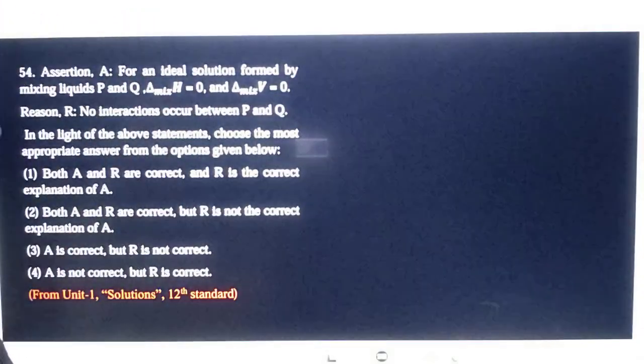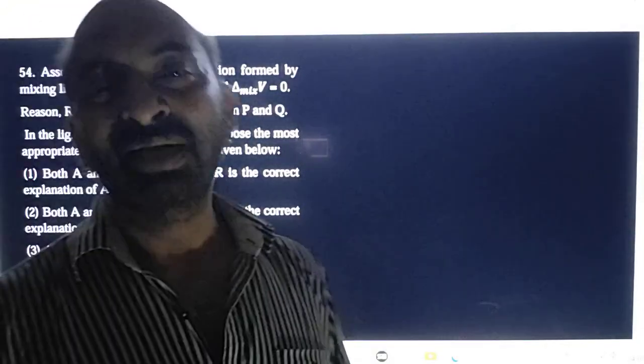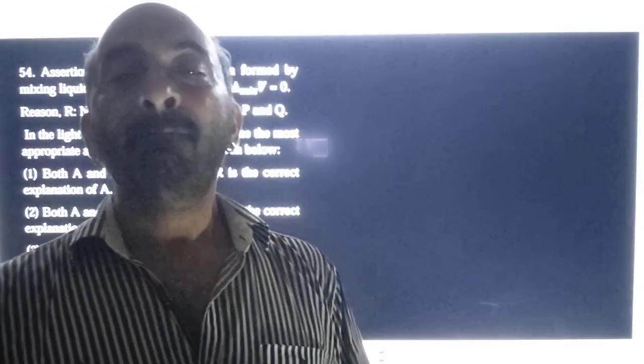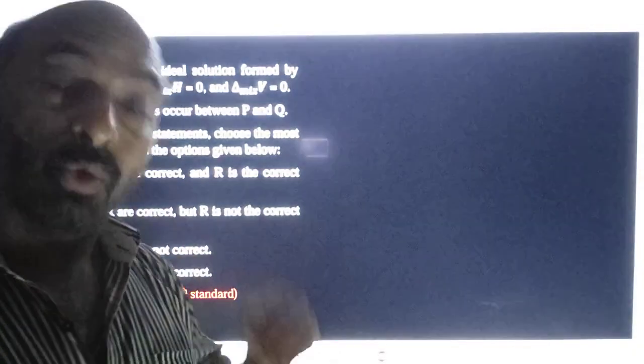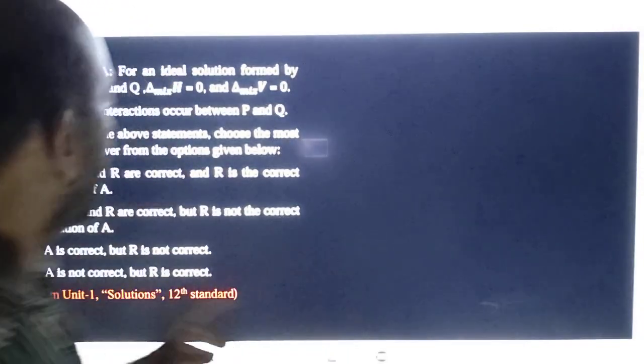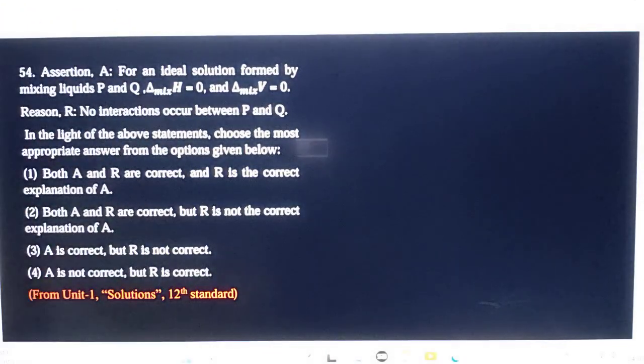Then what is the reason given? No interaction occurs between P and Q. That's wrong. Interaction is there, but that interaction is equal to the interaction before the mixing of A and B. Total interaction does not change, so there is neither gain of energy nor loss of energy. That's why it is happening. So we can say that the reason is wrong.